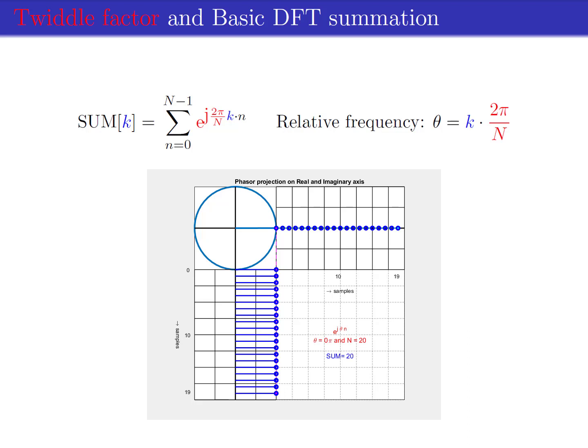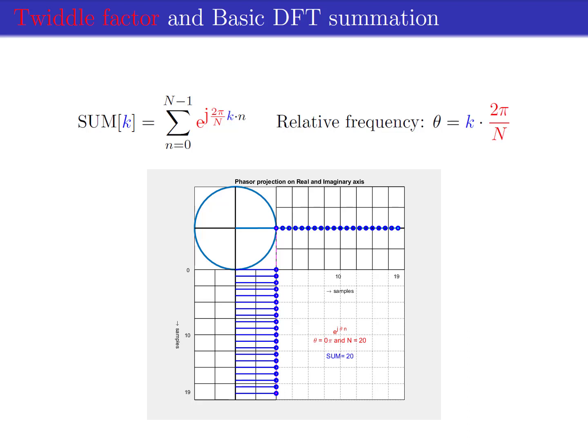A similar reasoning follows when the relative phasor frequency equals theta is N times 2 pi divided by N is 2 pi. For this case, the phasor writes as e to the power j 2 pi n. So the phasor maps again for any time index n to the same value 1 on the real axis and 0 on the imaginary axis, and the summation adds up to 20 again.